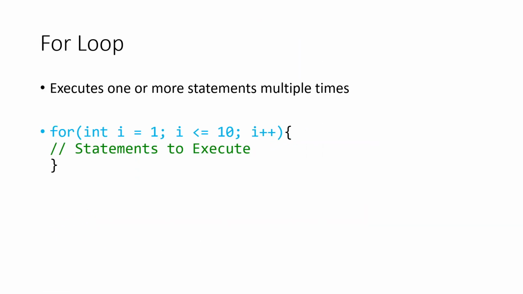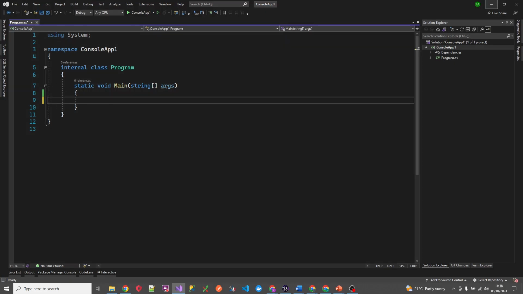Okay, we can head over to Visual Studio, and I'll show you this loop in action. What I'm going to do is create a string array of names. We'll call it names, and it's a new string array.